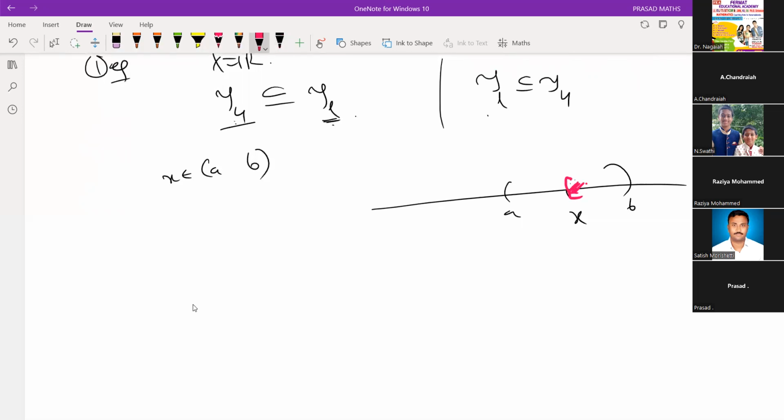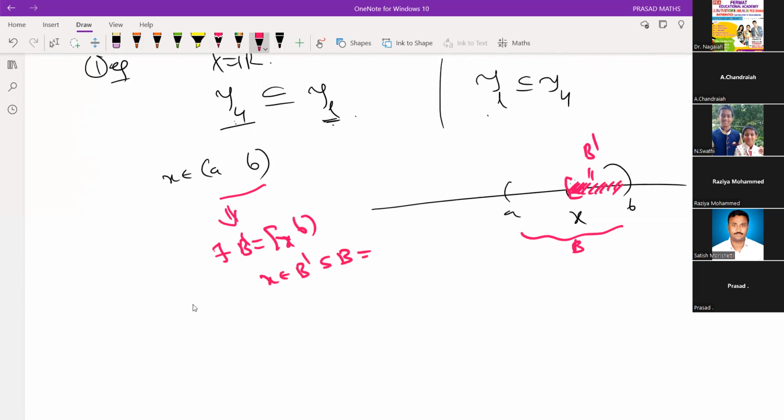This is my B dash, and this is my B. So when you give me any element x here, I can find a basic open set B dash equal to closed x, open b, which contains x and is contained in B. So this is true for every x. Therefore, it satisfies this property. Therefore, tau u is contained in tau l. Is it clear? Because we have shown the result.